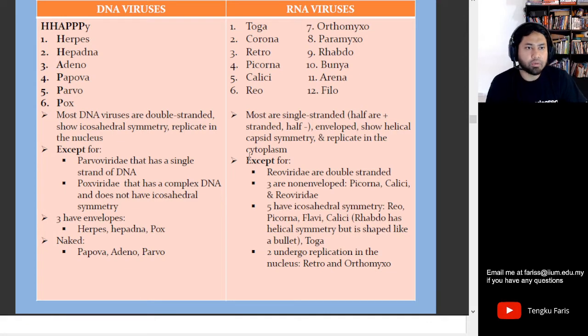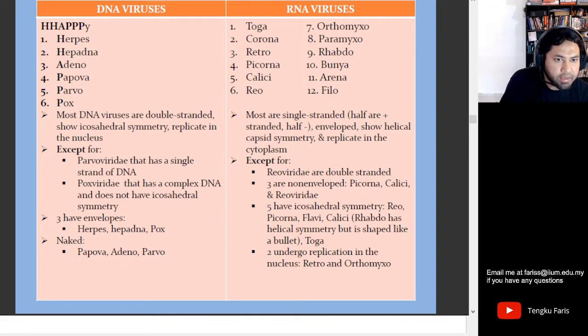Alright, so we come to these slides to differentiate between two types of viruses. Commonly we use this acronym, HHAPPP, that stands for herpes, hepadna, adeno, papova, parvo, pox viruses. And most DNA viruses are double-stranded.